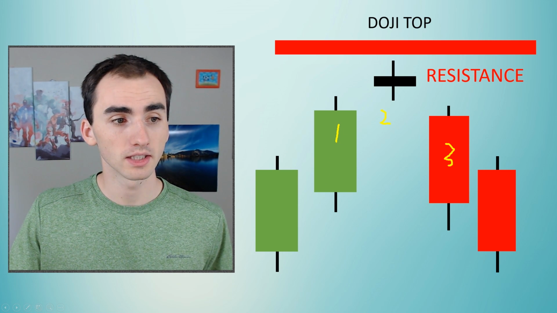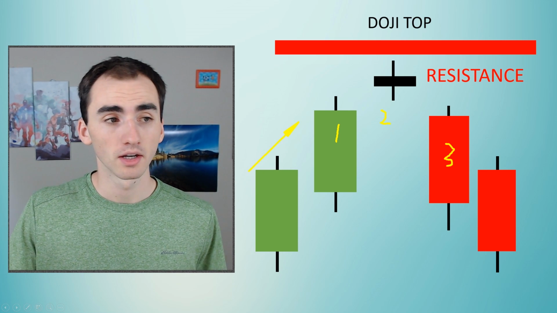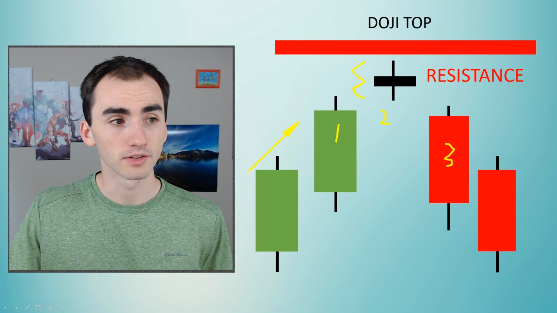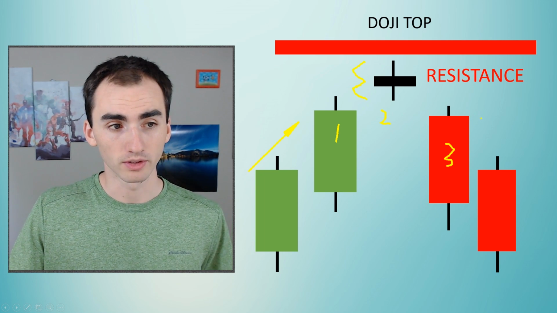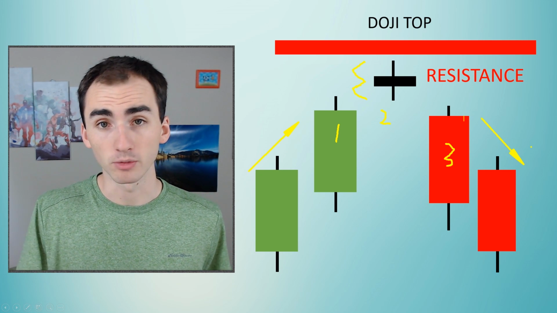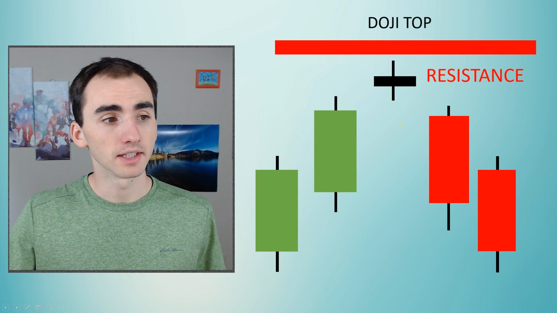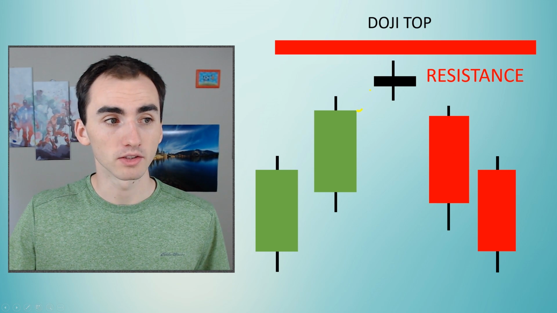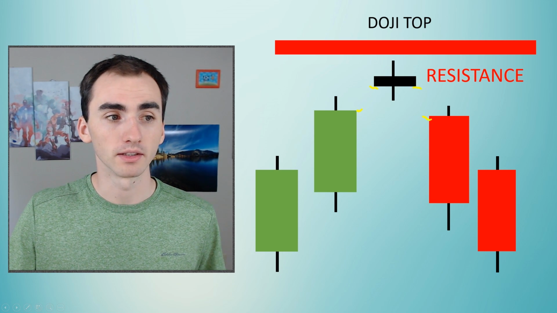You want to see the trend initially going upwards, and then you see this candle right here that's called the Doji, and then you want to see this bearish candle afterwards that is the initial start of the reversal. The key to this pattern is that there is a gap between candles 1 and 2, and then another gap between candles 2 and 3.